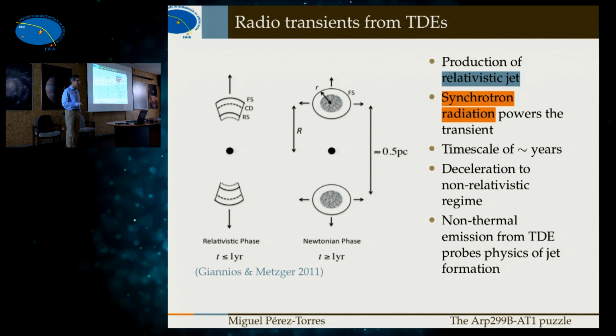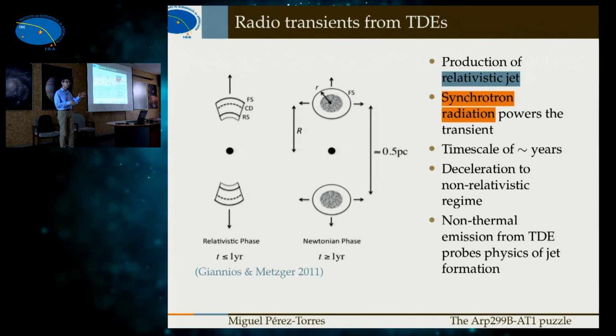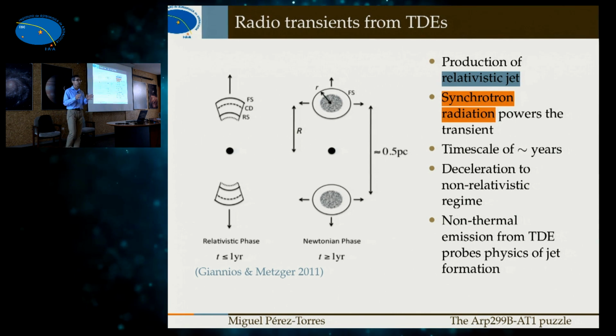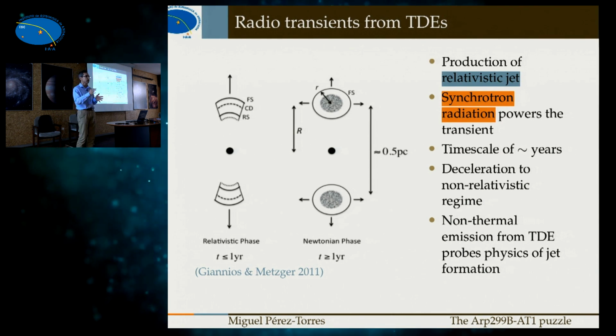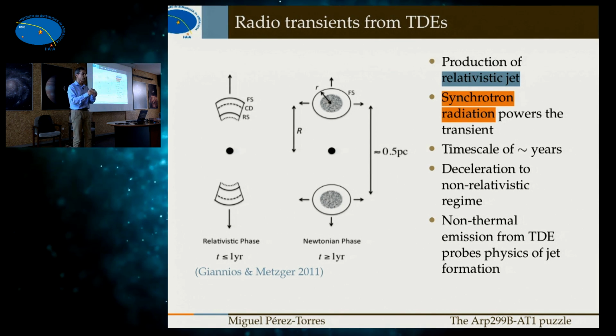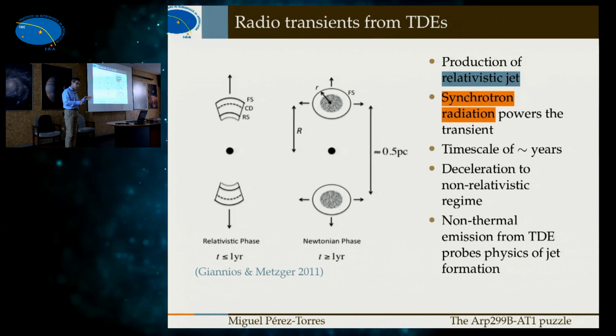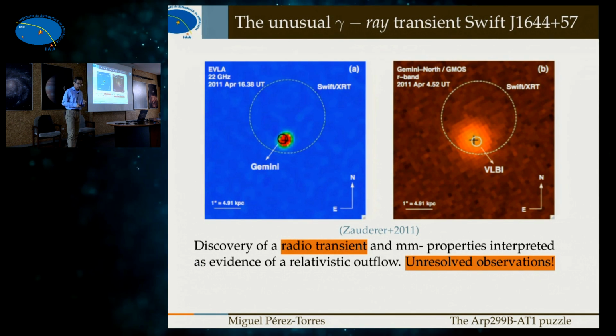And well, the time scales would be from 1 year to a few years. So there was an expectation to detect these jets, even if we don't catch the event right in the first days or the first few months. That's actually one of the motivations for our talk.